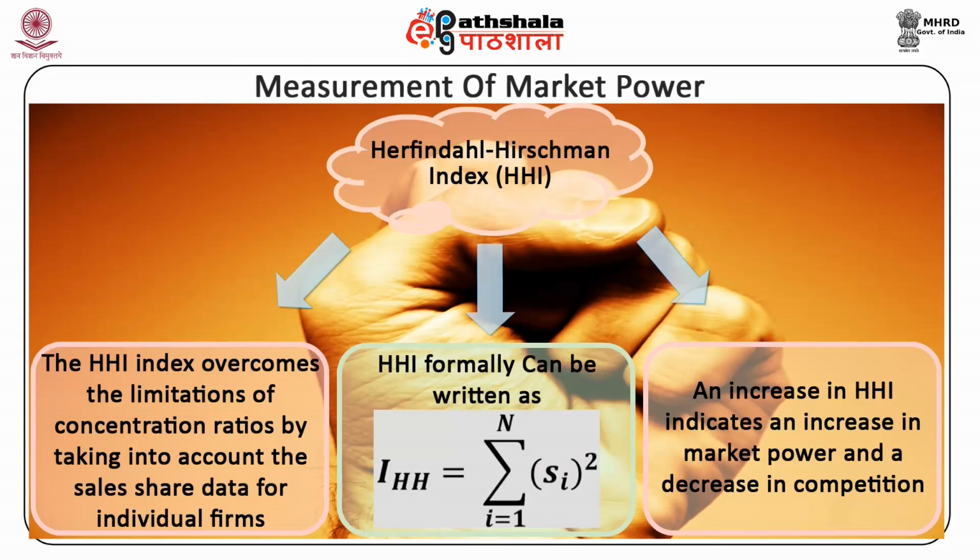Formally, HHI is equal to summation Si squared, where i goes from 1 to n, where HHI is the Herfindahl-Hirschman index. An increase in HHI indicates an increase in market power and decrease in competition.